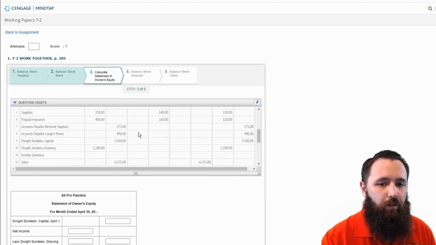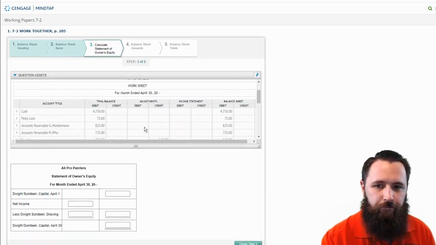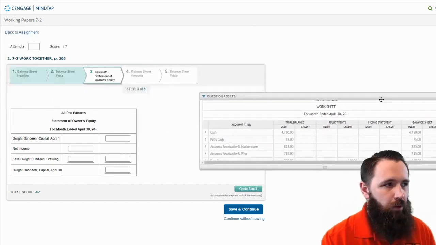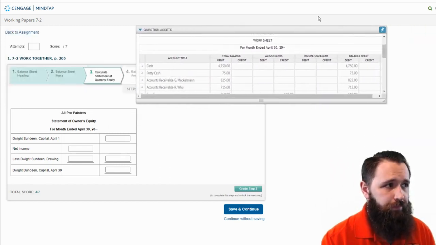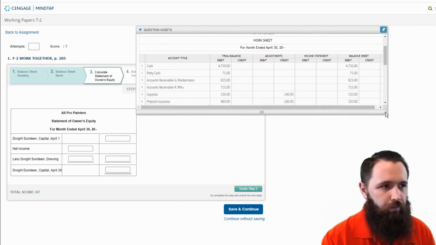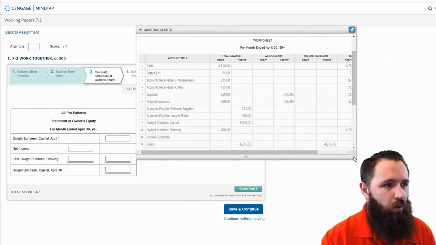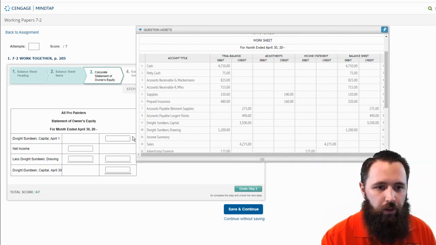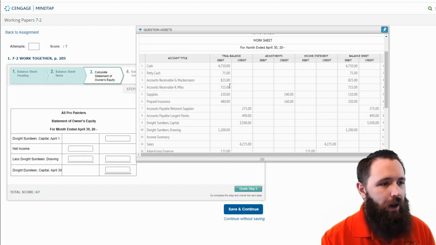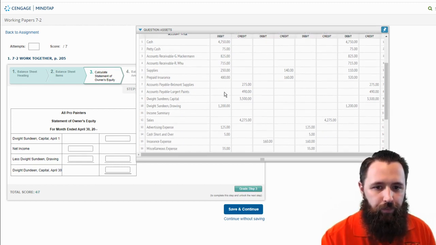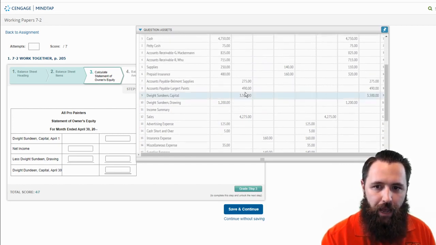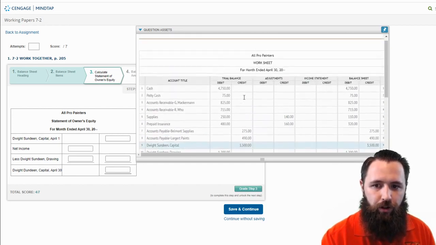Calculate a statement of owner's equity. Okay, here we go. Let's pull this over here. And what we are going to look at is going to start with our capital for April 1st. So we're going to look at our trial balance, and our capital balance is $3,500.